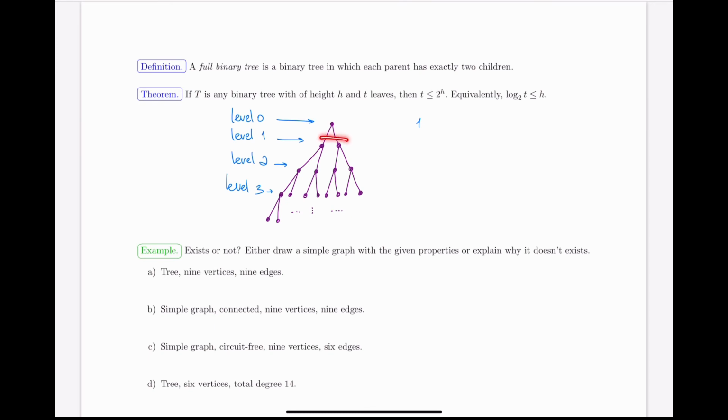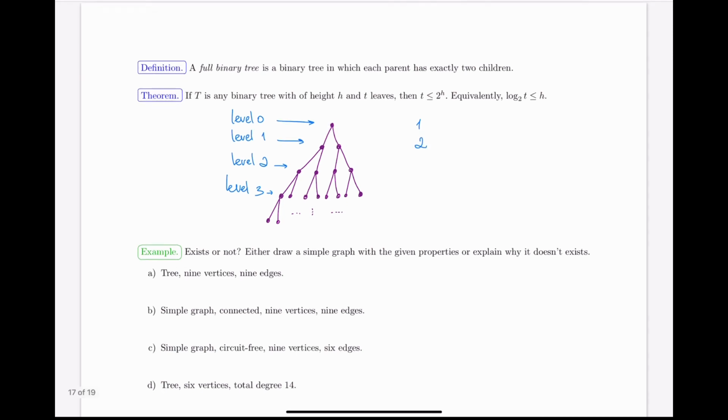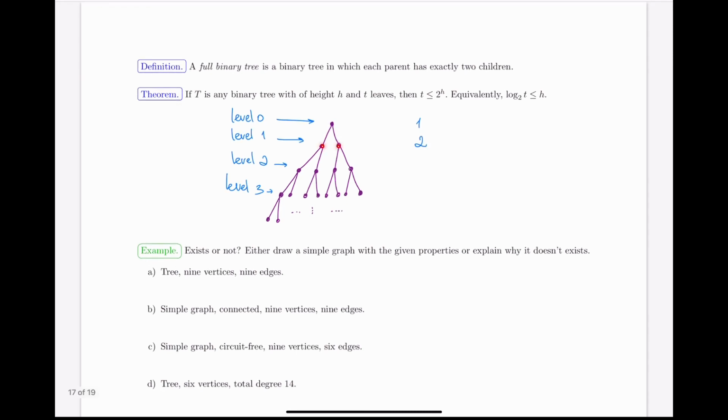On the next level, this vertex divides into 2. So now I have 2 vertices. On the next level, every vertex of the already present ones further divides into 2. So I have to multiply the number of vertices I already have by 2 because each one of them will have 2 children. Next up, I have 4 here. I multiply by 2 again, and so on.